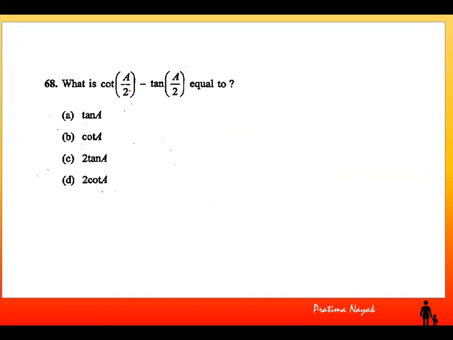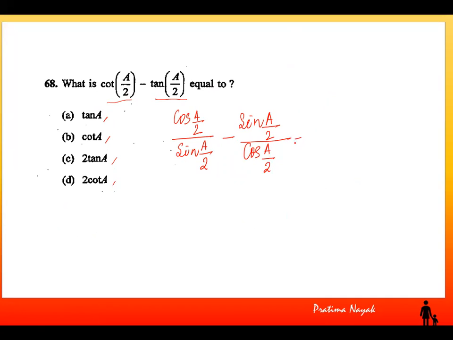68. What is cot A by 2 minus tan A by 2? Half angle question. Cot A by 2 I am writing as cos A by 2 by sin A by 2 minus sin A by 2 by cos A by 2.